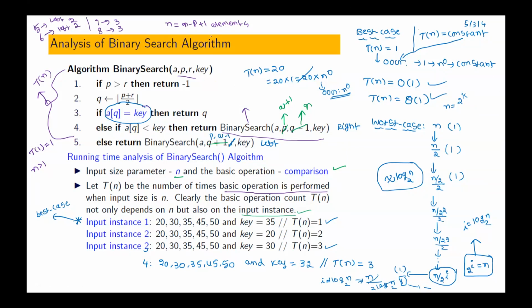Ceiling of n by 2, or... Okay, what you said is correct. So the number of elements will be ceiling of n by 2 minus 1. Is that correct? That is also correct.